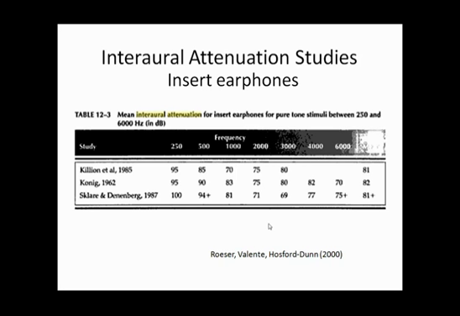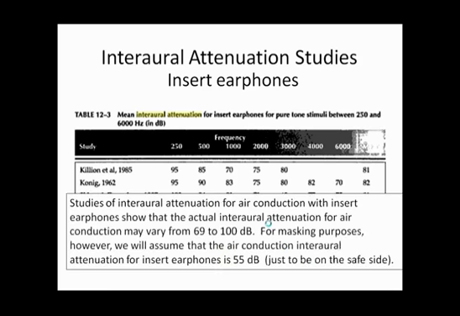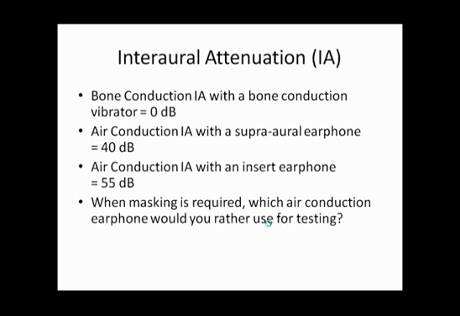But we're going to assume it's 55 according to our text by Dr. Kramer. Okay, studies of interaural attenuation for air conduction with insert earphones show that the actual interaural attenuation for air conduction may vary from 69 to 100 dB. For masking purposes, however, we assume that the air conduction interaural attenuation for insert earphones is 55 dB. Again, just to be on the safe side.